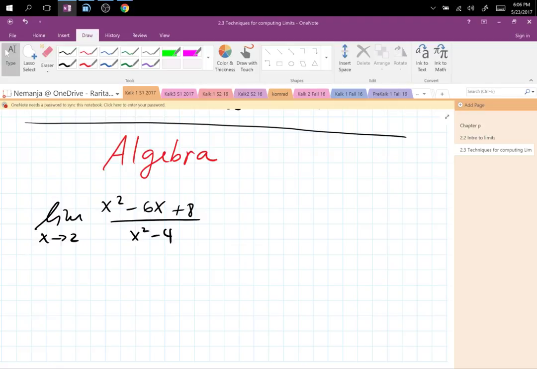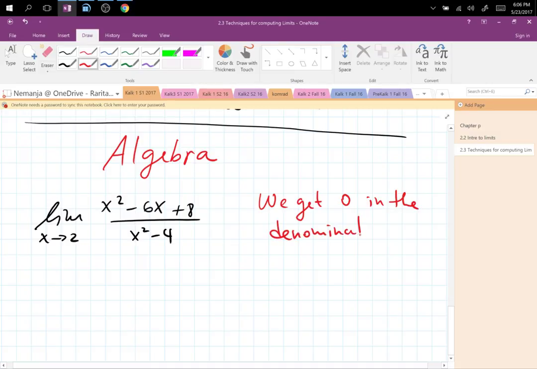The way to solve it in this case would be to factor everything and see if you can cancel anything. So I'm just going to write. We get 0 in the denominator.